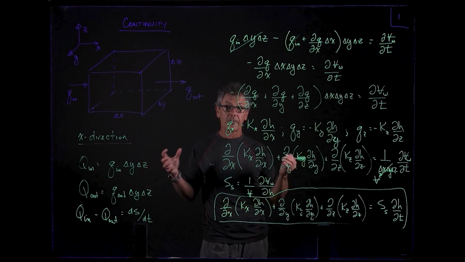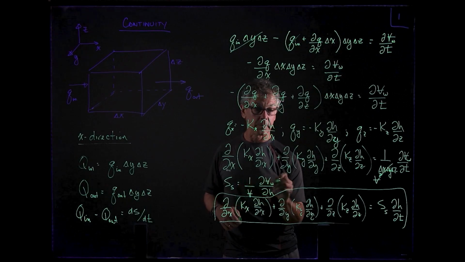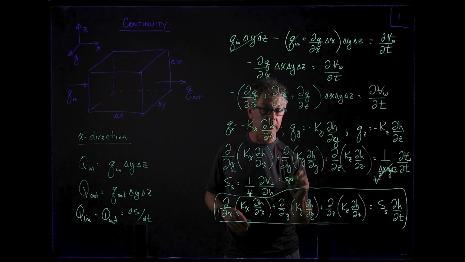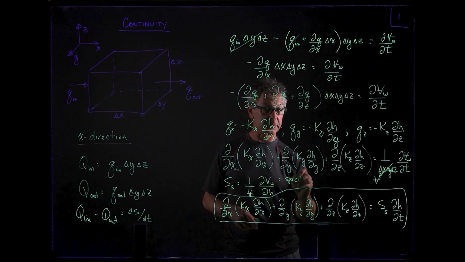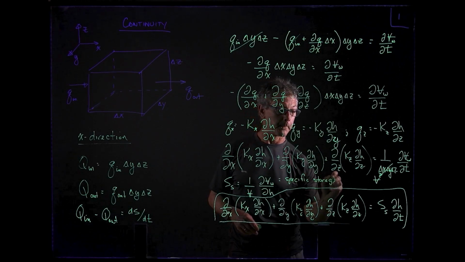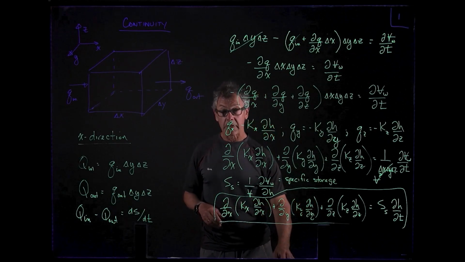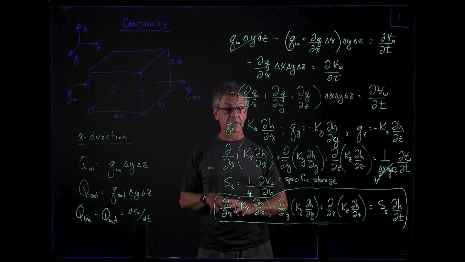And so we have water flowing in and out of the control volume, and then we have water coming from storage. And remember, S sub S is specific storage. So we're going to play with this a little bit, but this is the starting point.